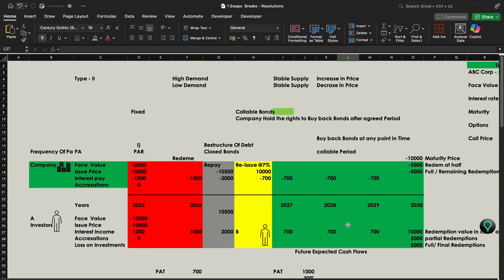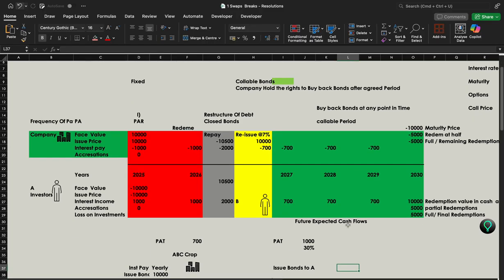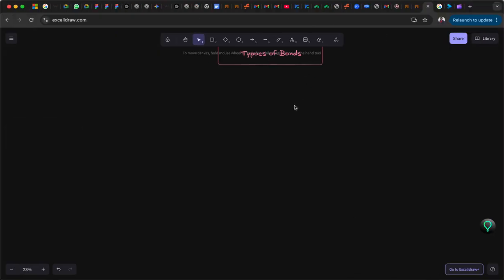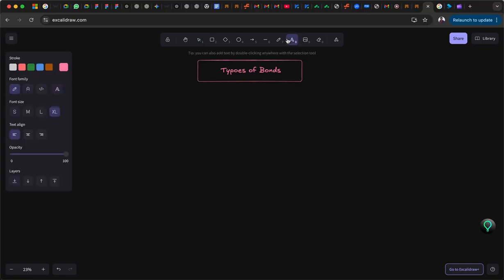Have you heard about putable and callable bonds? I think this is callable. It's a very interesting one, guys. Putable and callable. So let's go here. I'll draw on the screen. First we'll discuss callable bonds.